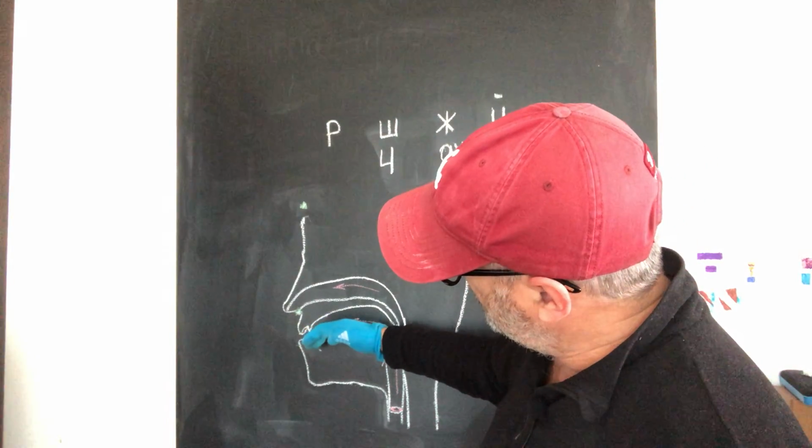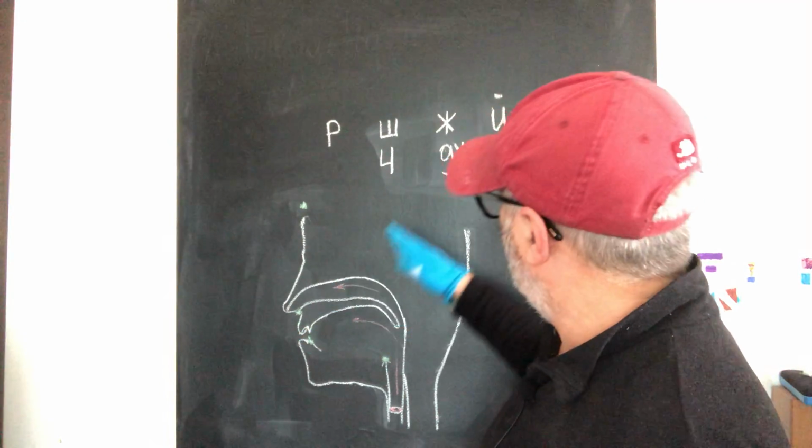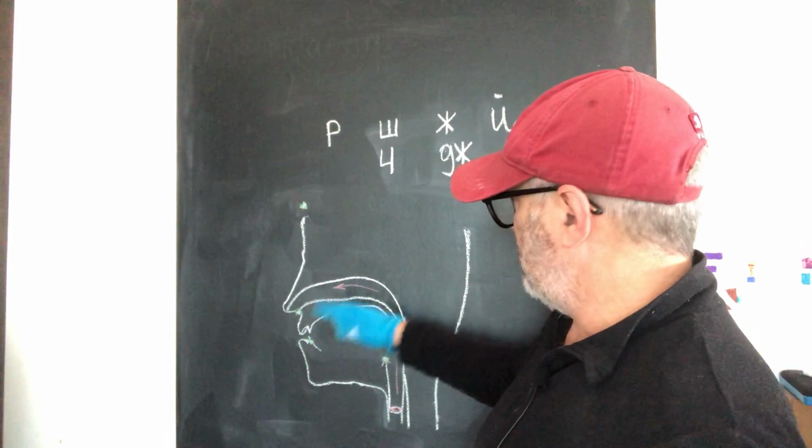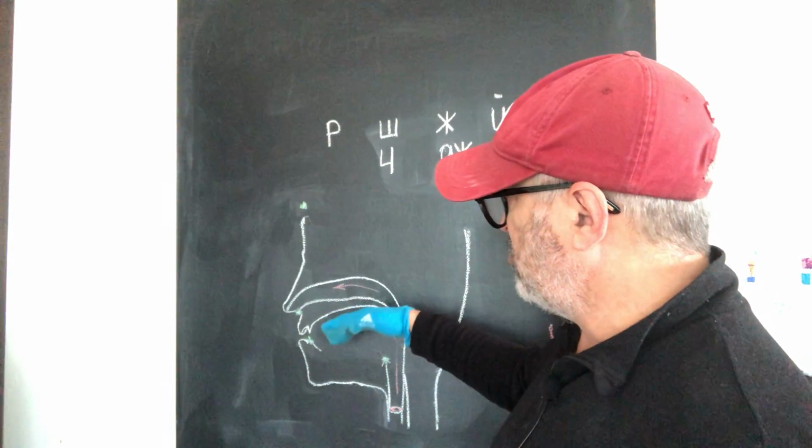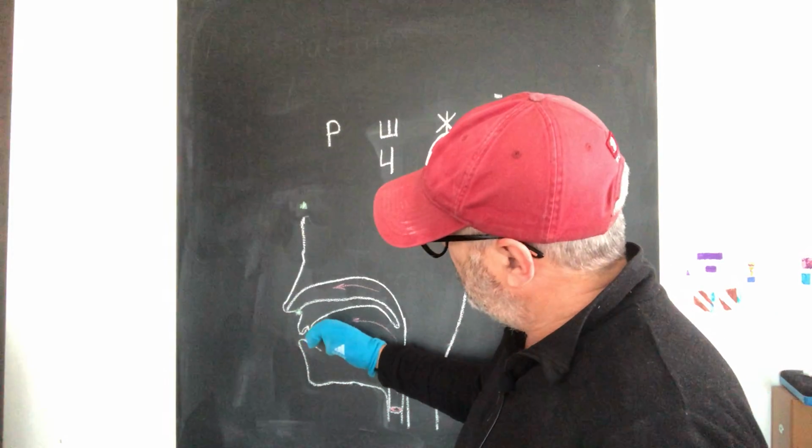The movement will be like this, z, z, when we don't touch it yet, because when we touch, we will have j, j, j.